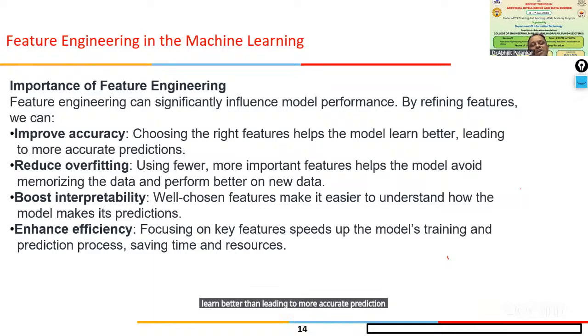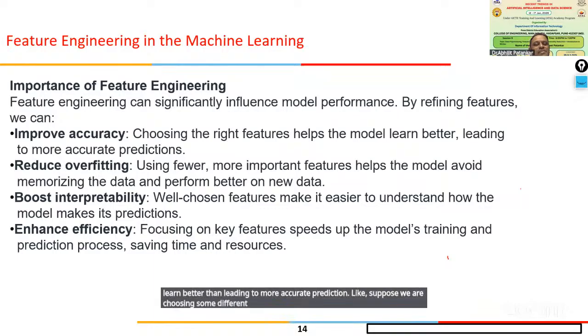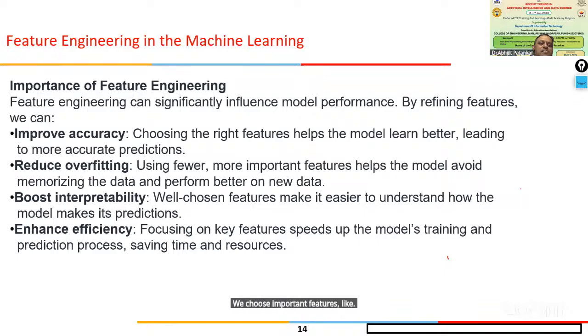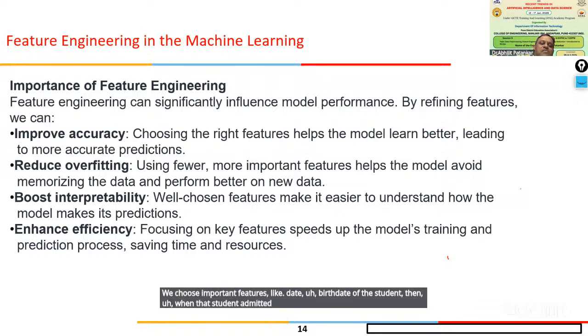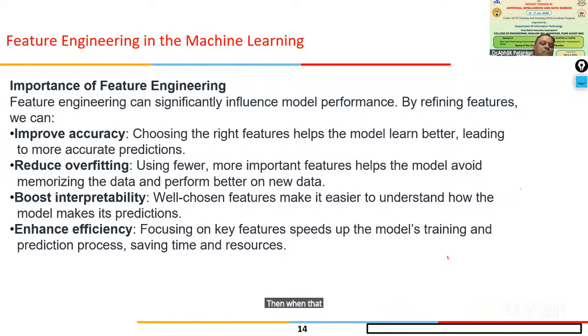Like suppose we are gathering some data of students from different sources. We choose important features like the birth date of the student, then when that student was admitted for the course, then when that student is expected to complete the course.